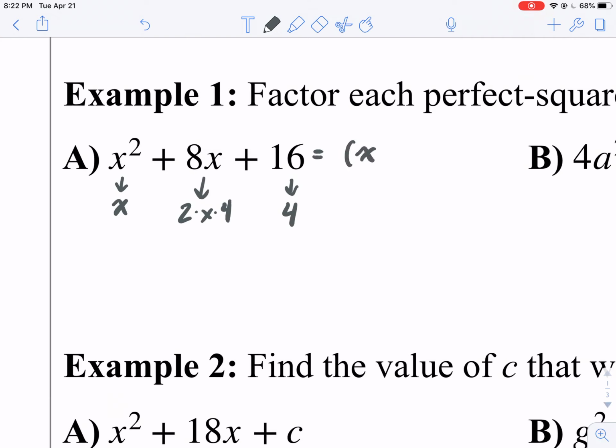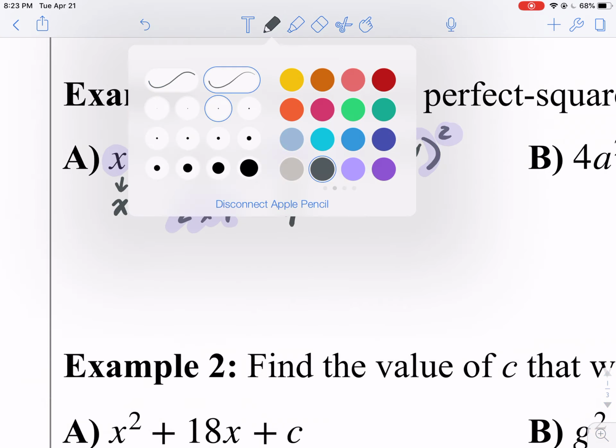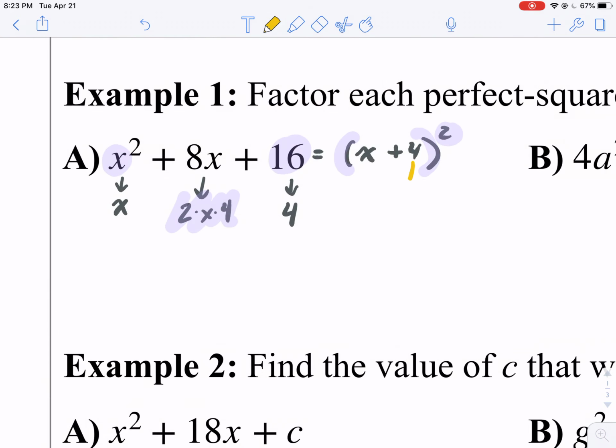That's equal to x plus 4 squared. You'll also notice a cute little shortcut, that this 4 right here is half of our 8. Keep that in mind.